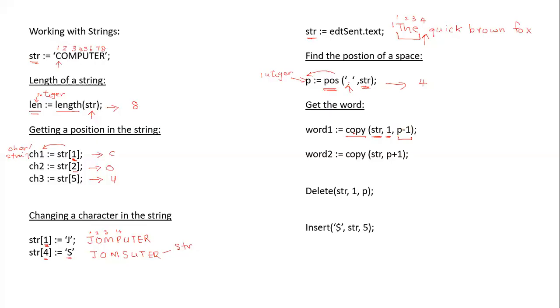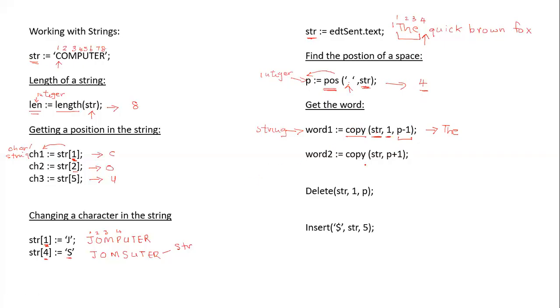So I'm saying copy from my string, the quick brown fox, start at position 1, which is the T, and take p minus 1. Recall p was the position where we found the space, which was 4. Minus 1 will take it to 3. So that's where the last letter of the first word will end. So in this case, copy from 1 and take 3 characters that will have the value the, and word will be declared of type string.